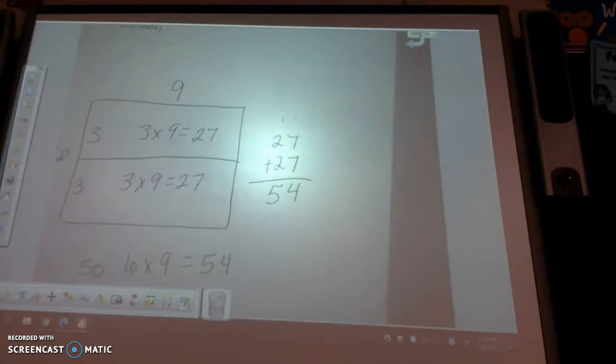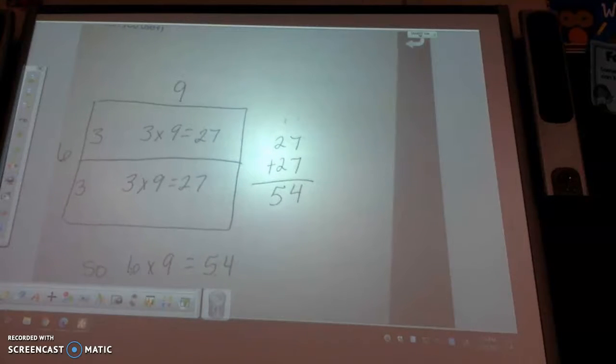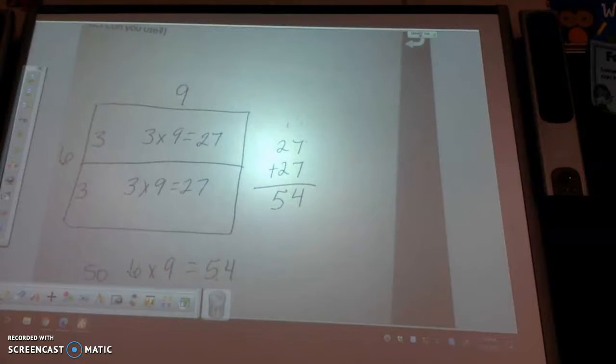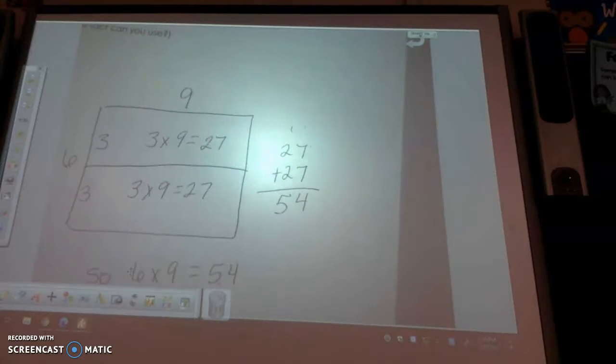Now, you could do the break apart strategy, which we have learned, or the near squares strategy, but I'm not sure how you could do that here.